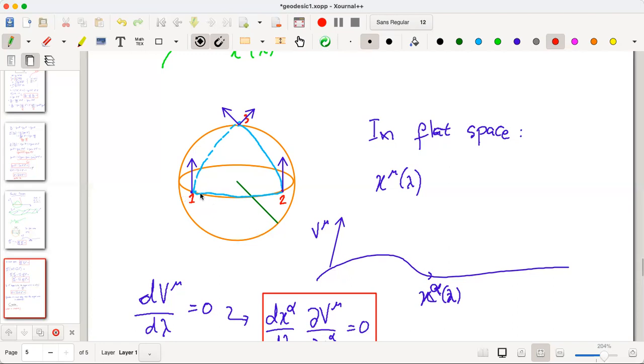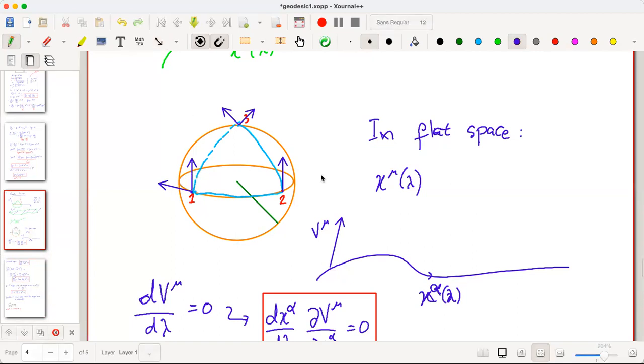You see, if I bring this vector along 2, it goes like this. I bring it along 3, it goes like this. And if I bring it back to 1, what do I get? I will get like this. So the vector is no longer parallel. It makes an angle with the original vector.